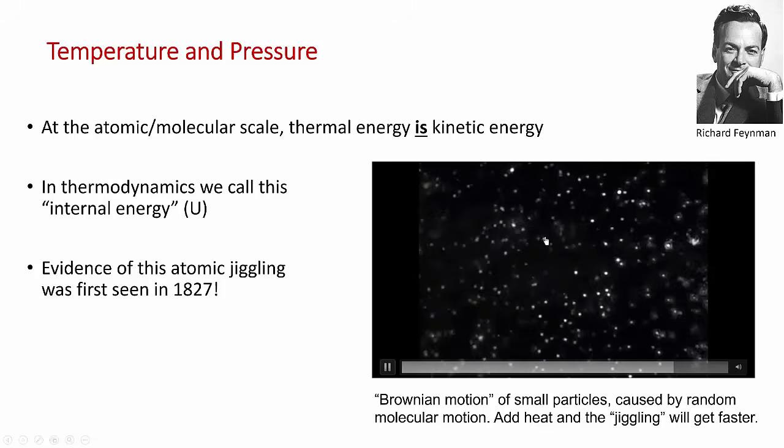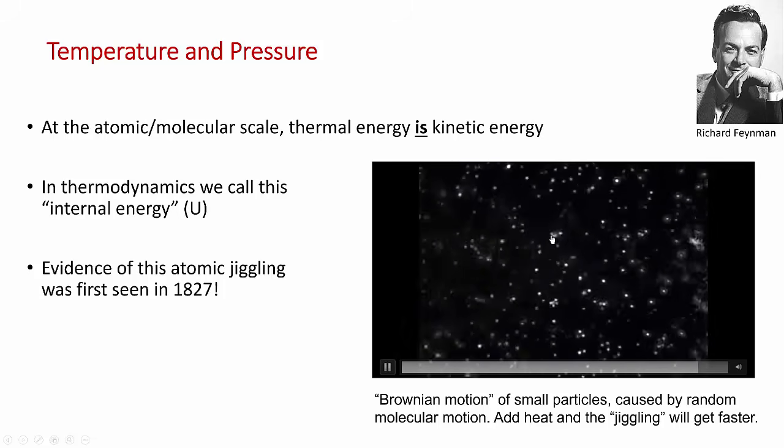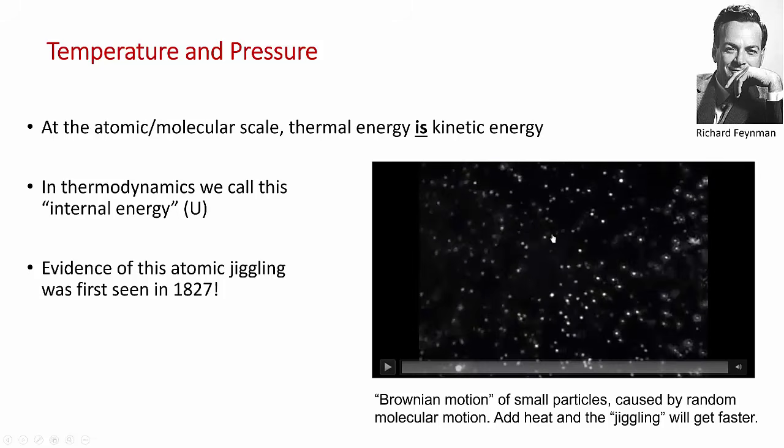What you're seeing here is not the water molecules jiggling. What you're seeing is the water molecules on the different sides of the pollen grains bumping against the pollen grains unevenly and making them jiggle around. It was the first evidence of atoms and atomic motion and this concept of jiggling being internal energy.